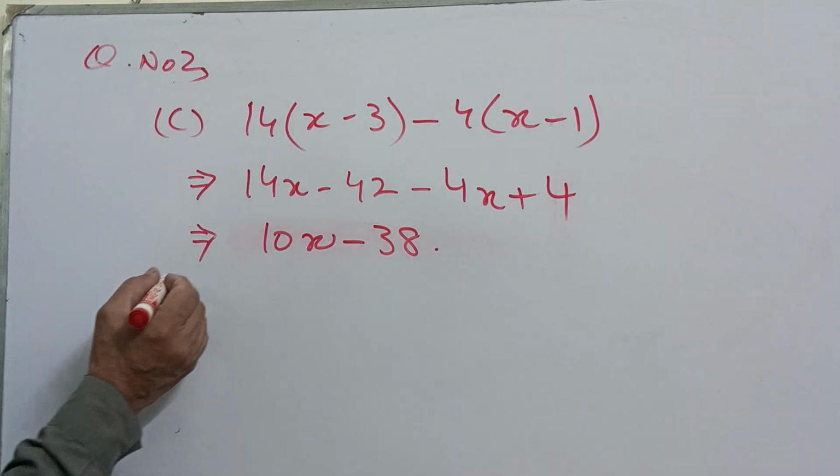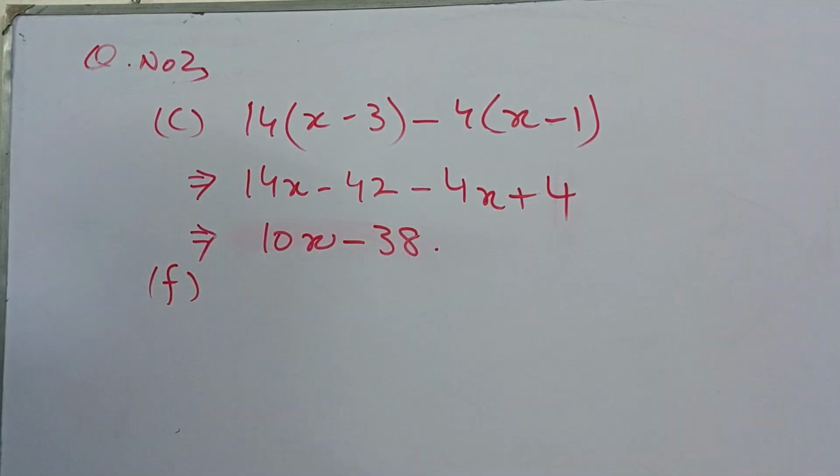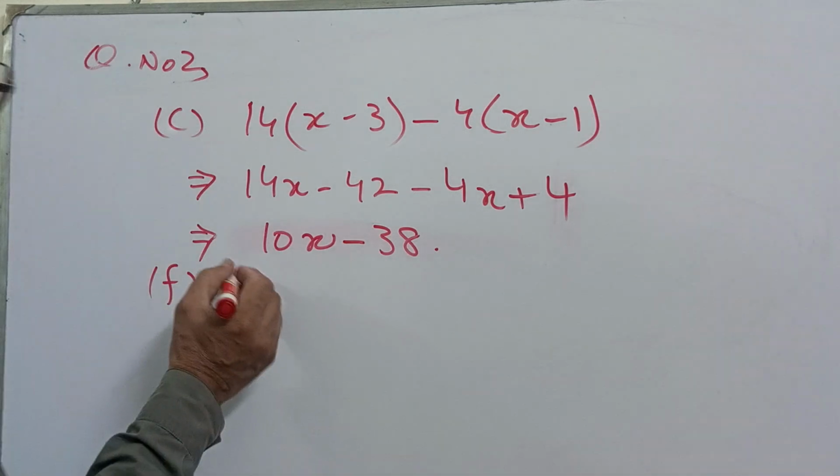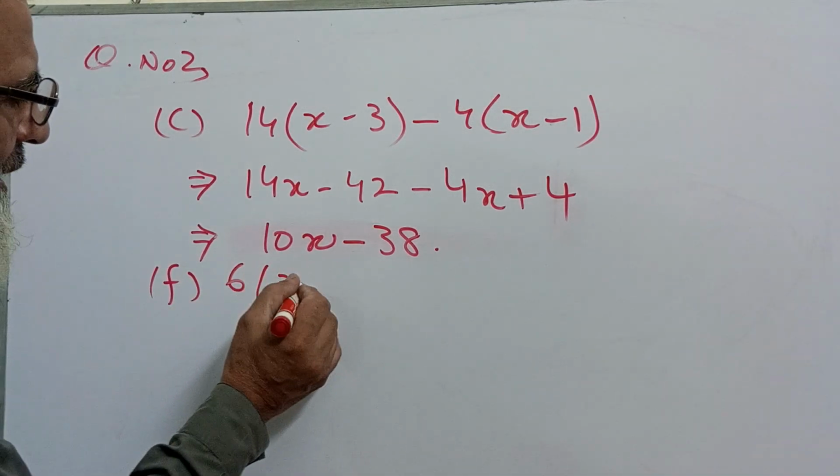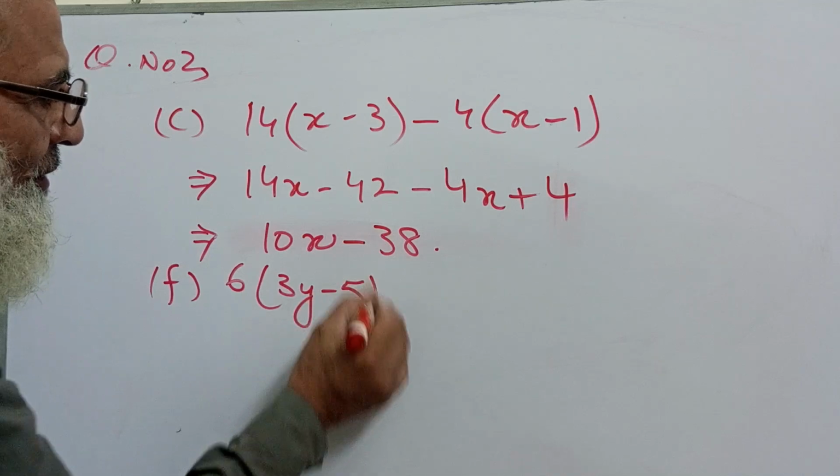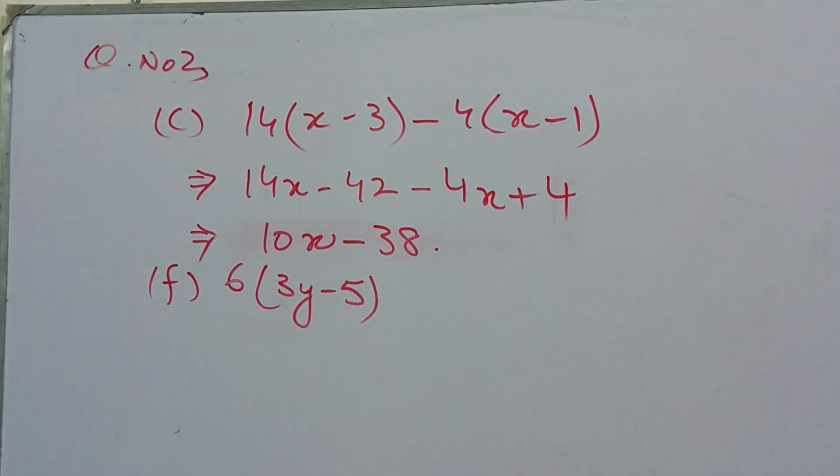Now let me do one more question out of this, and that is F. 6 times 3y minus 5, and this will be my last question.